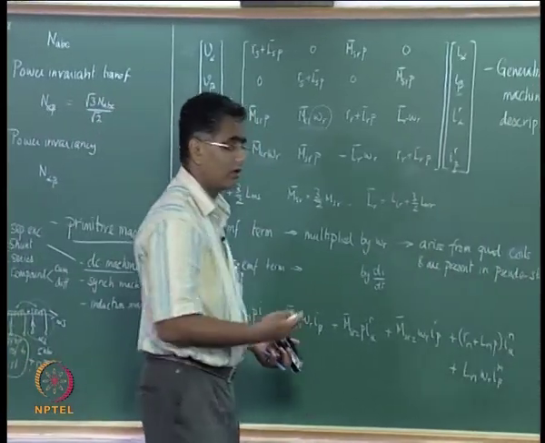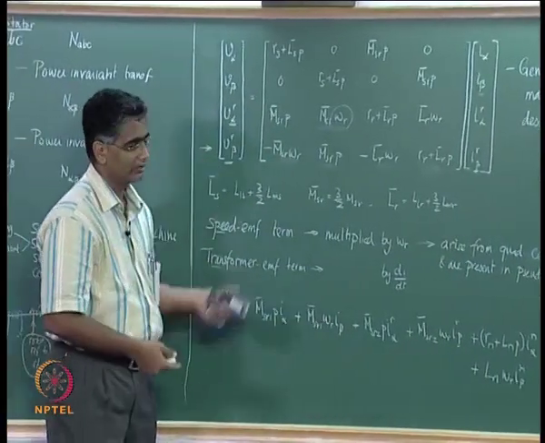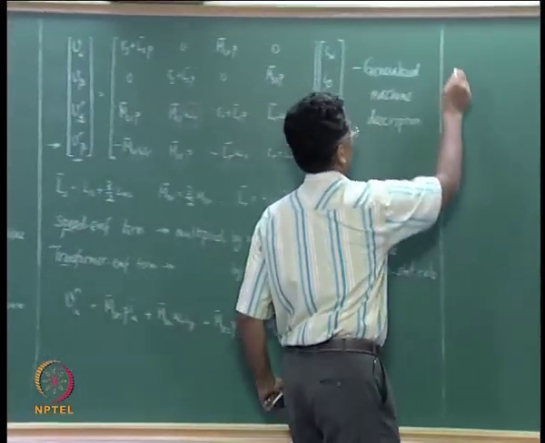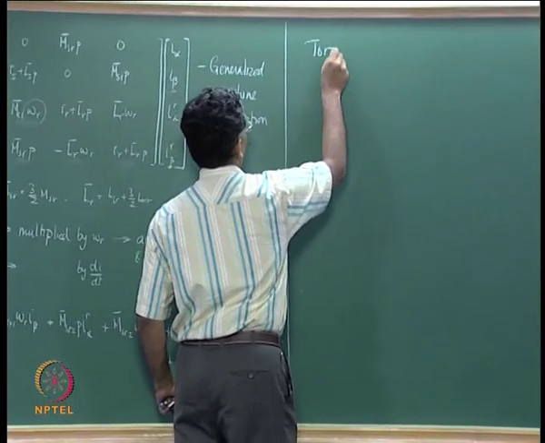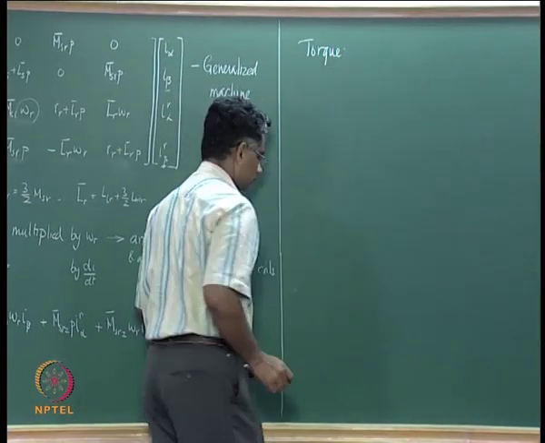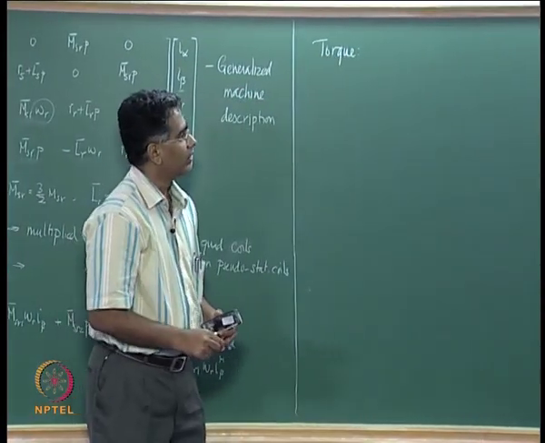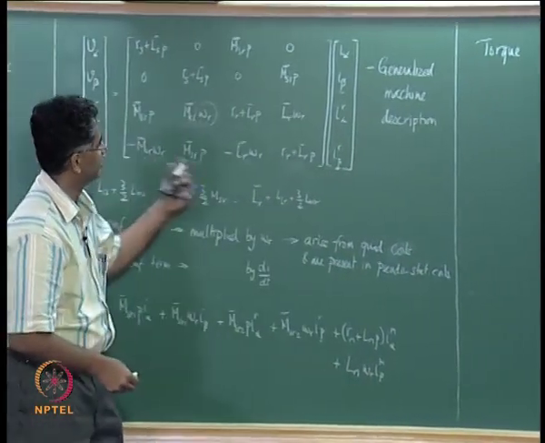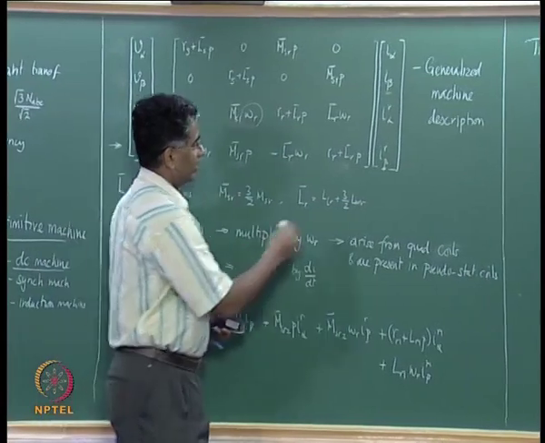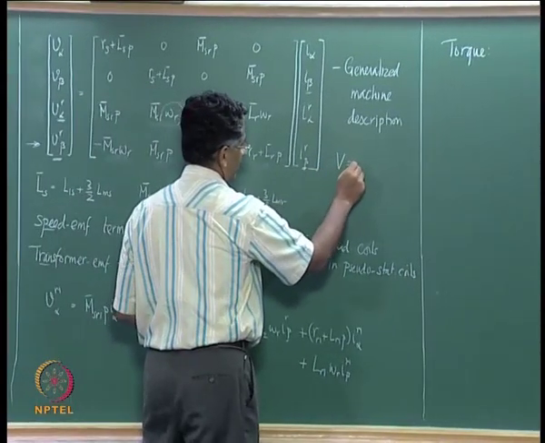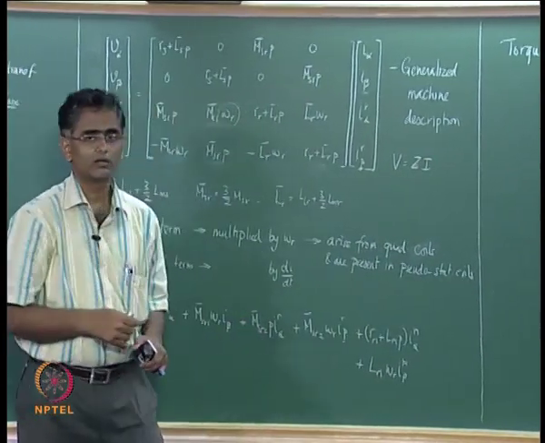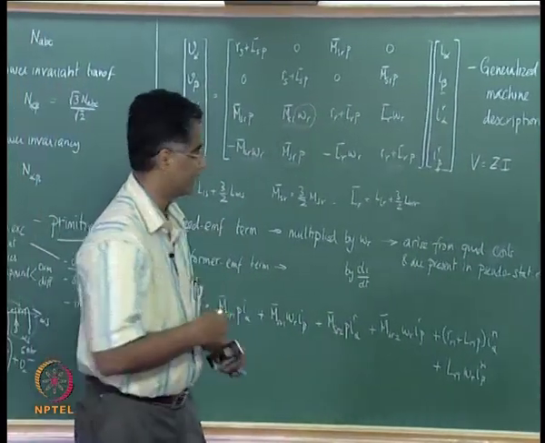Now, we have been all along looking at the electrical equation. Let us also see what happens to the generated torque. Now, this description, the generalized machine description, we have written in the form V equals some Z into I, but this can also be expanded.